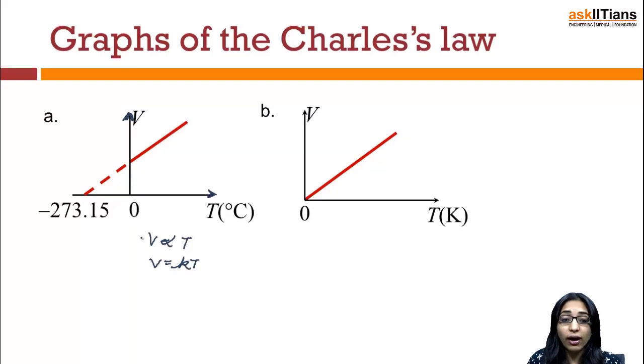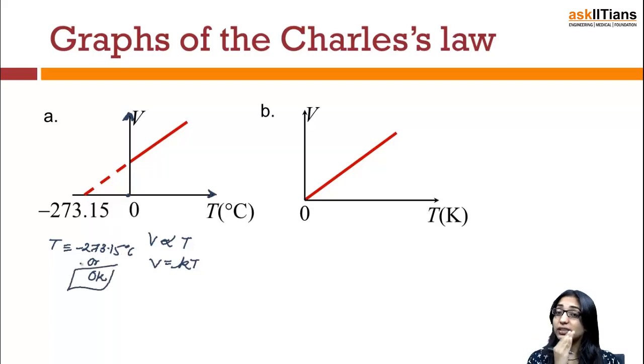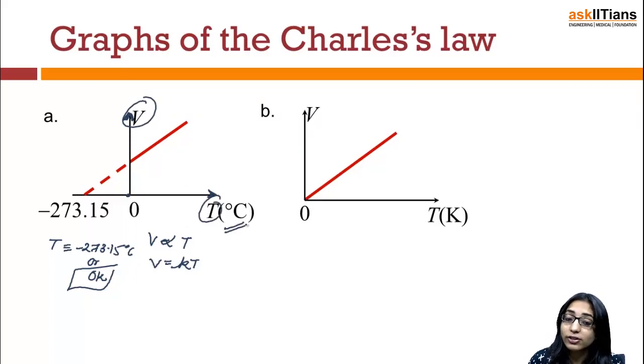It has been found that when the temperature is minus 273.15 degrees Celsius, which is also equal to 0 Kelvin, the volume occupied is 0. That means the graph between V and T in degrees Celsius is a straight line which does not pass through the origin, rather it has an intercept on the negative x-axis.